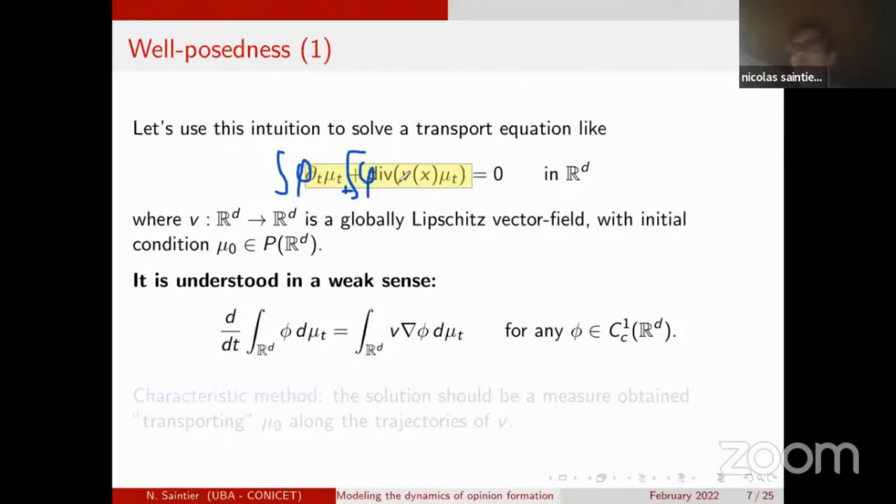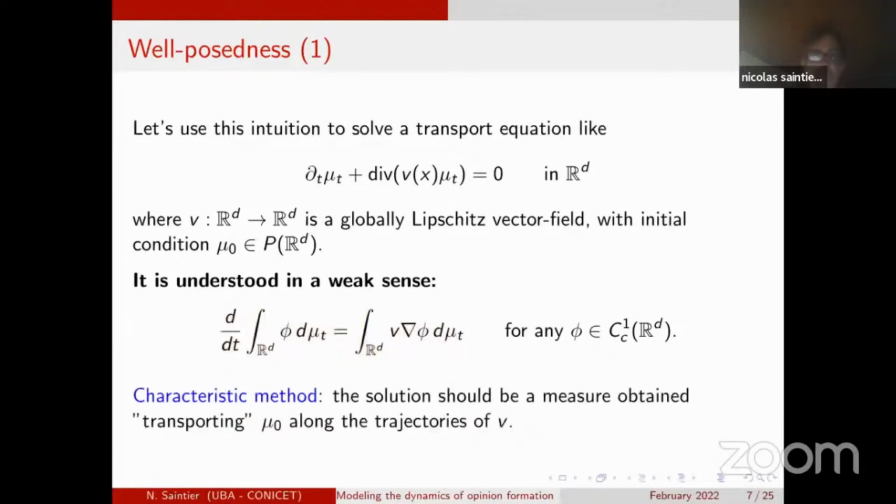We need to discuss that issue slightly later. For now, I just want to concentrate on solving my equation in a weak sense, following the intuition that the method of characteristics gave me, which is that I should take my initial distribution mu0 and move it following the trajectories of my vector field V.